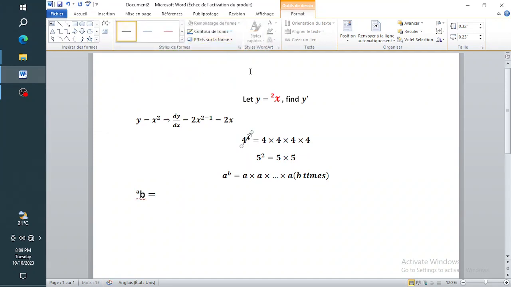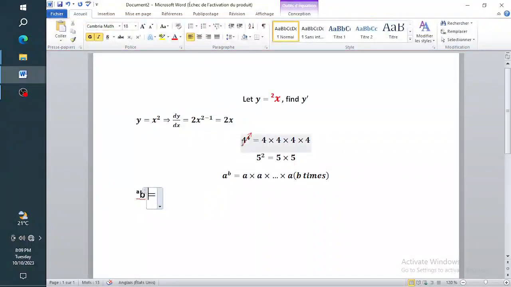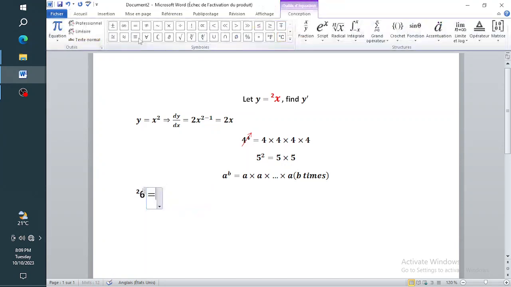But in this case, this is what we are doing. Let me take a number, let me say 2, and then I put maybe 6. I need to take 6 and raise it to the power 6.